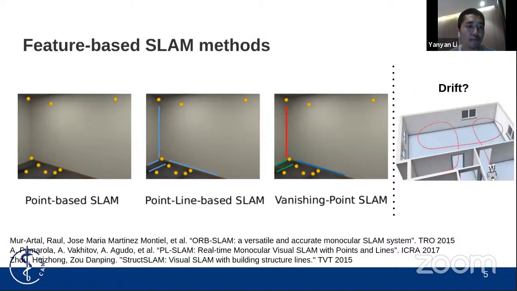First of all, let's revisit some traditional but popular systems. Here I will focus on feature-based SLAM methods since, as you know, there are lots of methods making use of direct methods or semi-direct and feature methods together, like SVO and DSO, which are also very popular in the community.